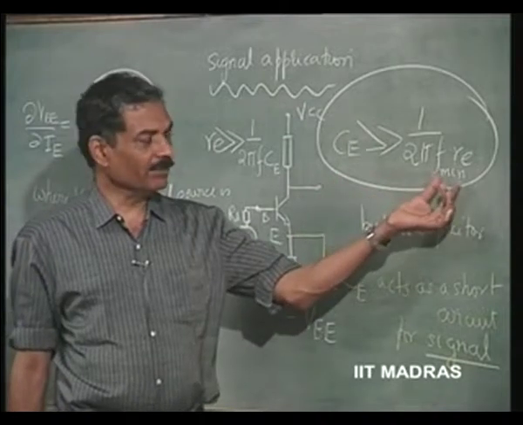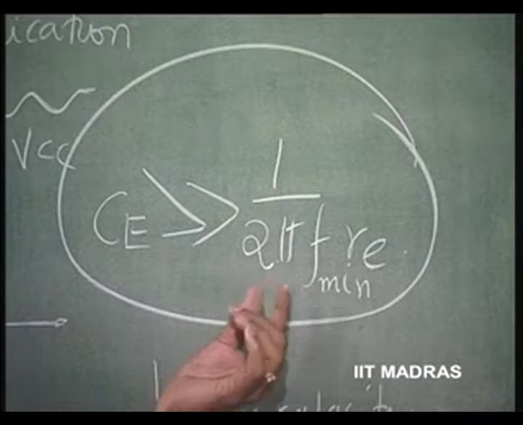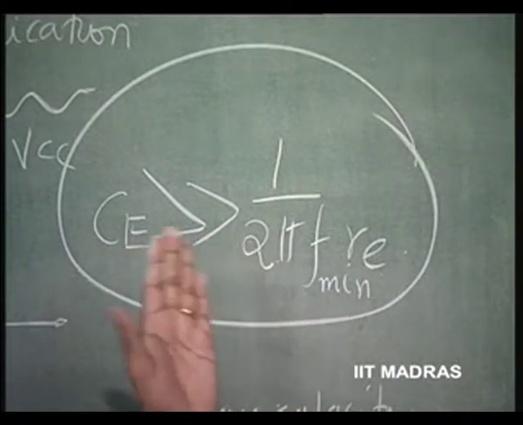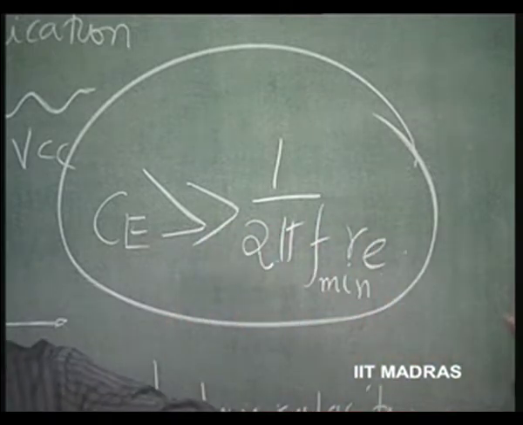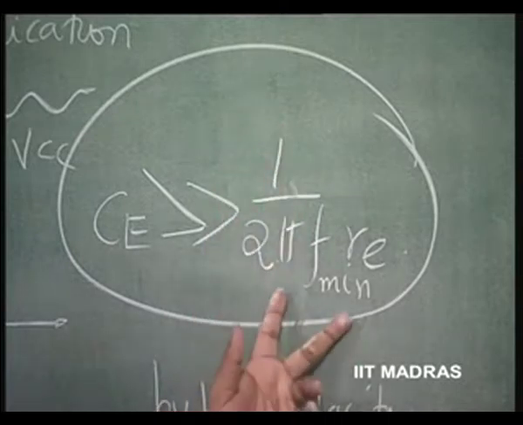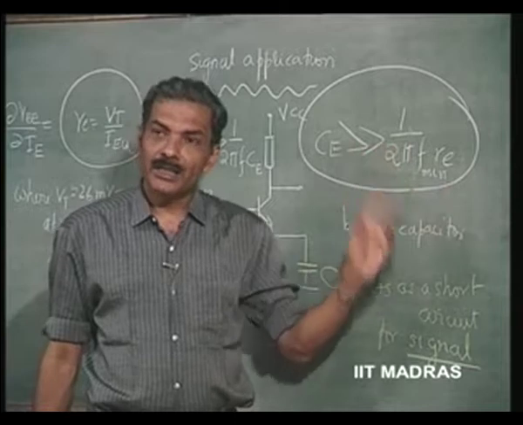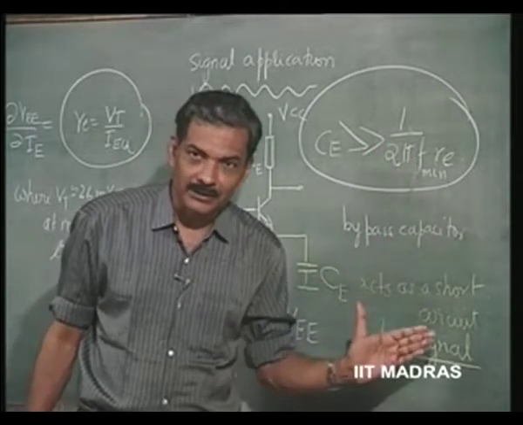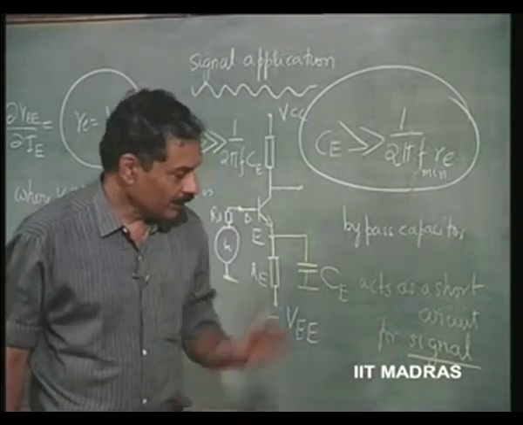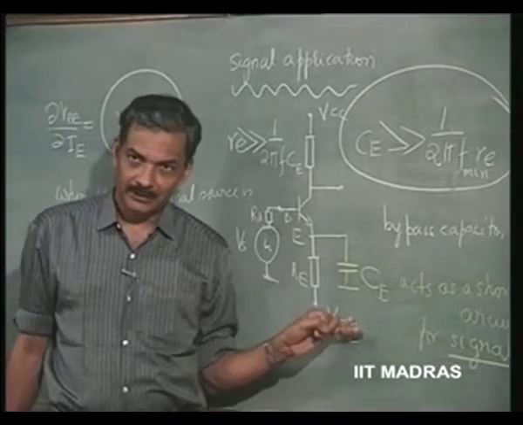Let us say the minimum signal frequency that you want to amplify is 100 hertz. Then f minimum is 100 hertz. Above 100 hertz, the reactance automatically gets smaller. So, you have to design for the worst case, that means for the minimum frequency it should still appear as a short circuit compared with what? Small re. So, selection of the bypass capacitor is very, very important.